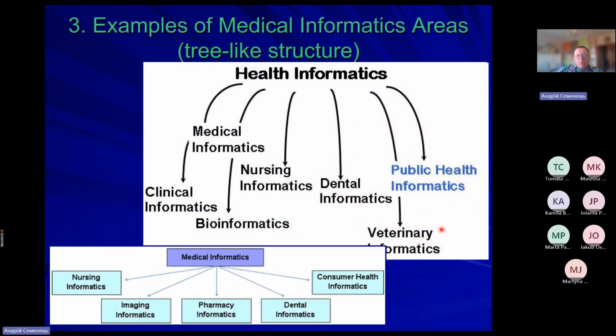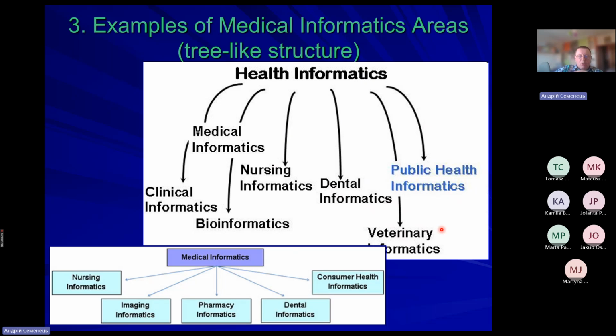In fact, when we talk about the classification of areas of medical informatics, you will be able to find different approaches and different structures by using different sources, textbooks, online articles, and so on. So I will not put any strong emphasis or say that this classification is better and that one worse.